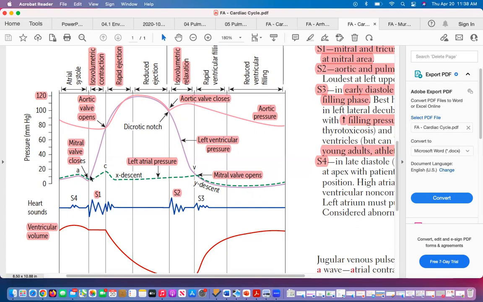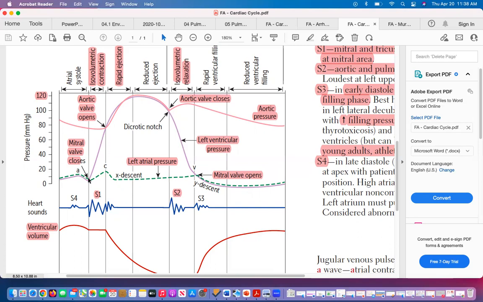And after we are finished with the atrial systole phase, the blood comes to the left ventricle, and this is the point that we have to start the ventricular systole.